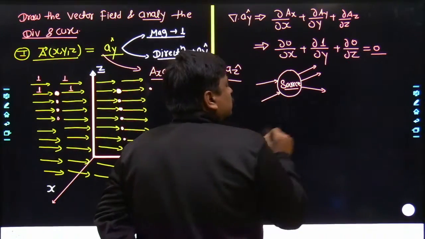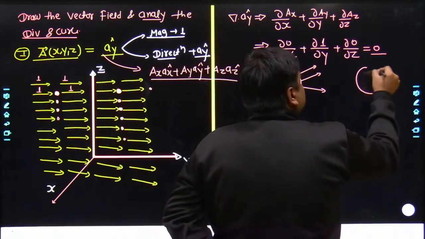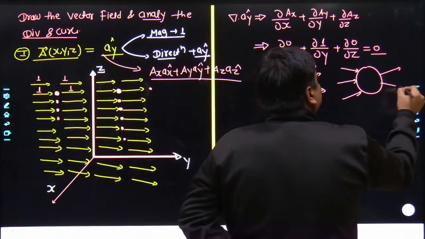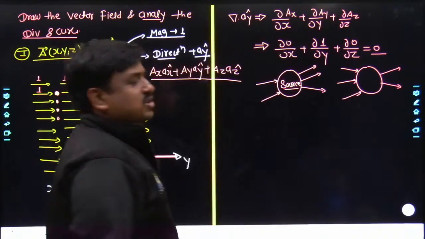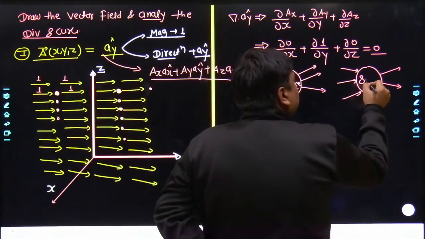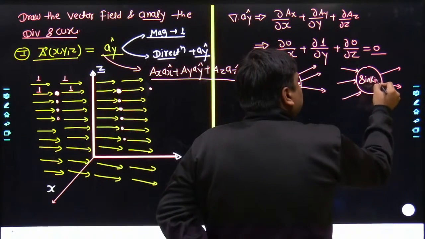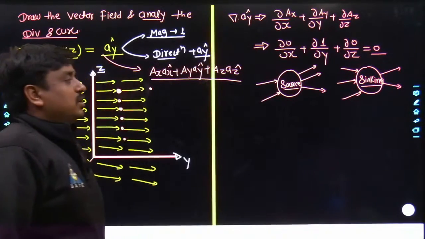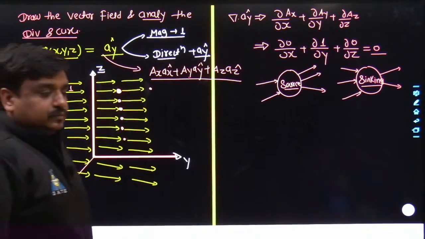Similarly, if I take another situation where 3 flux lines are coming in and only 2 flux lines are going out, the situation is just reversed, and here it is sinking. Why? Because out of 3 arrows which have come in, only 2 arrows have gone out.